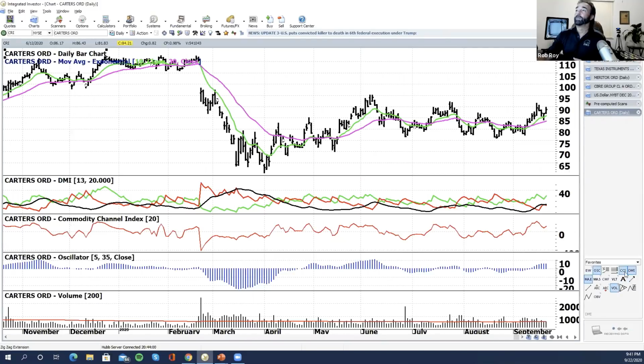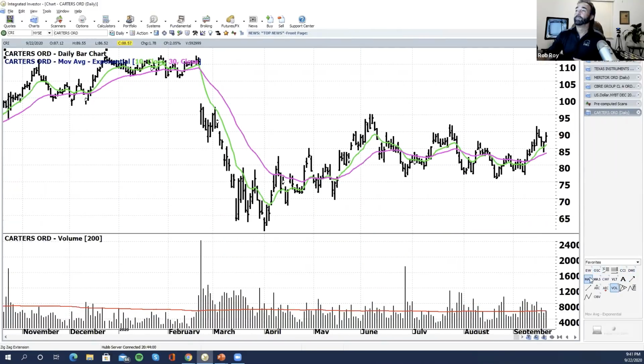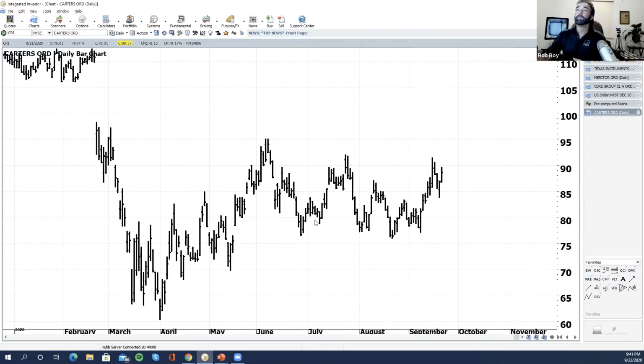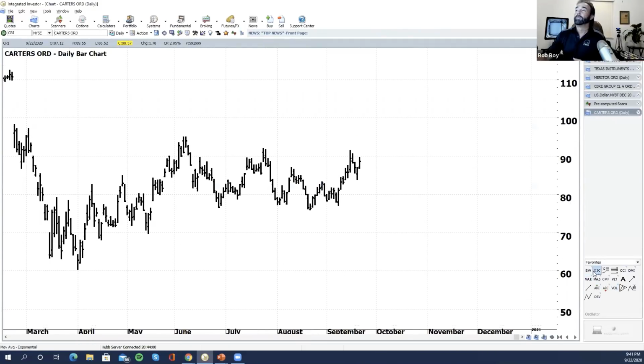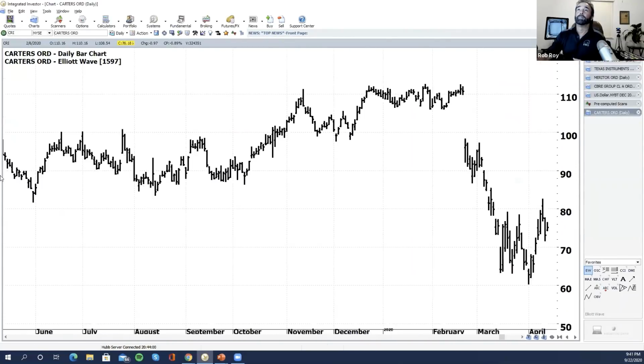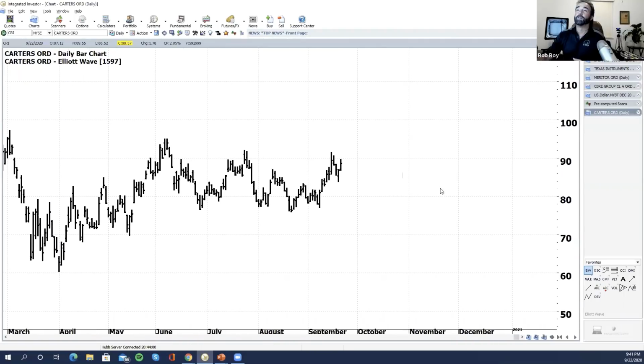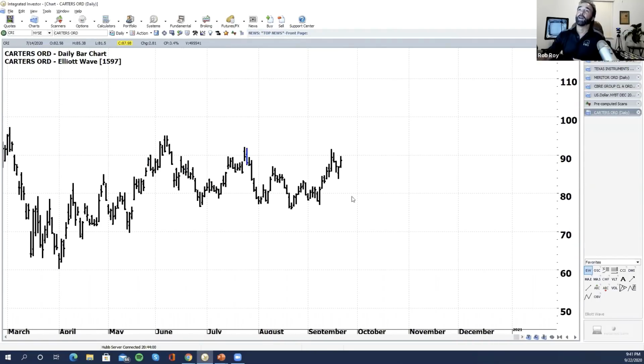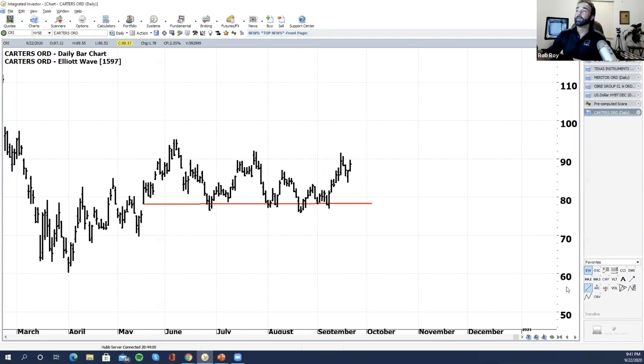and we'll take all this stuff off. Put the Elliott wave on, and it's just in a bunch of corrective patterns. So these are all flats through here, and this is what most people would say trading range.